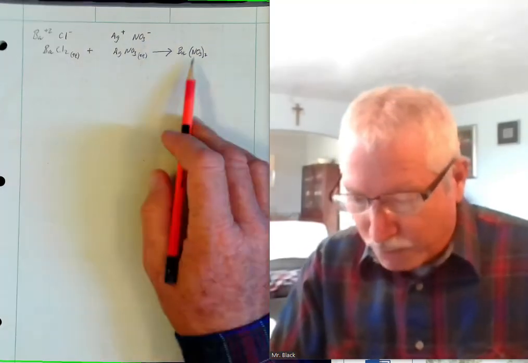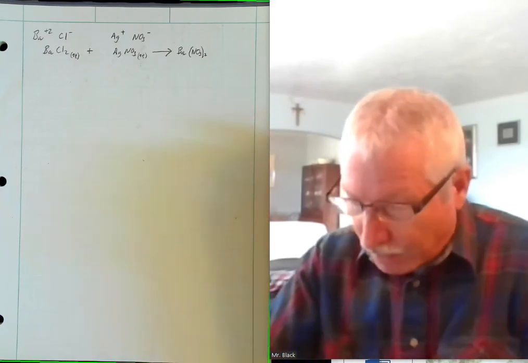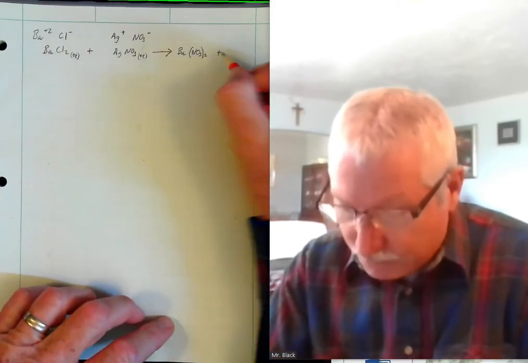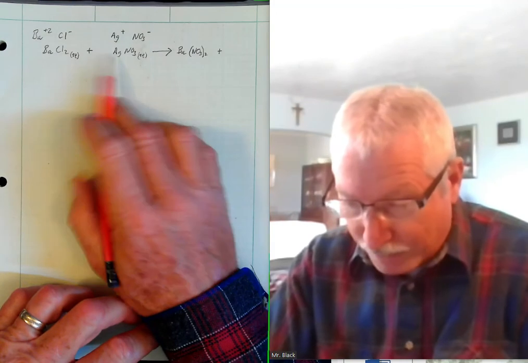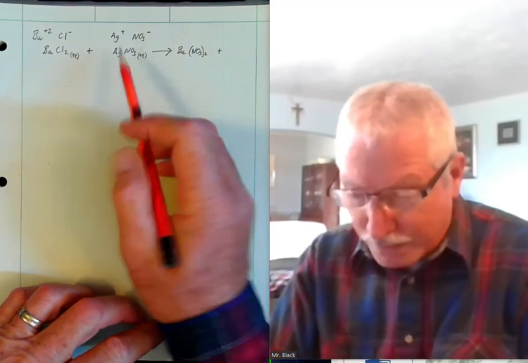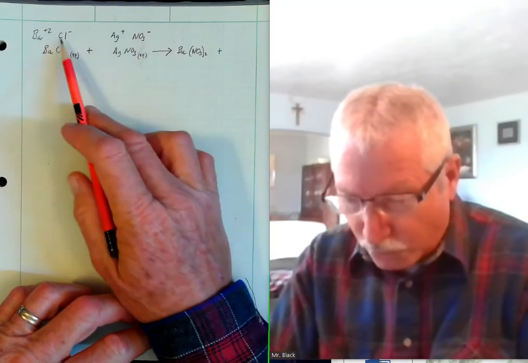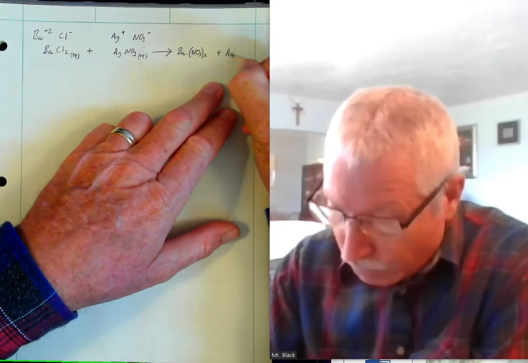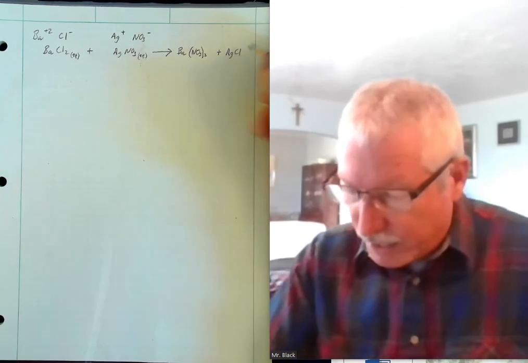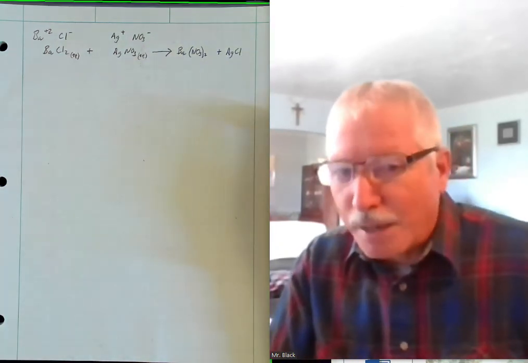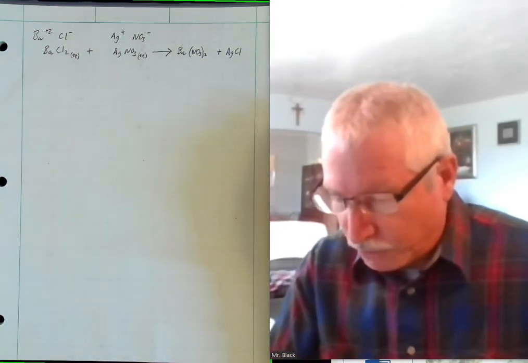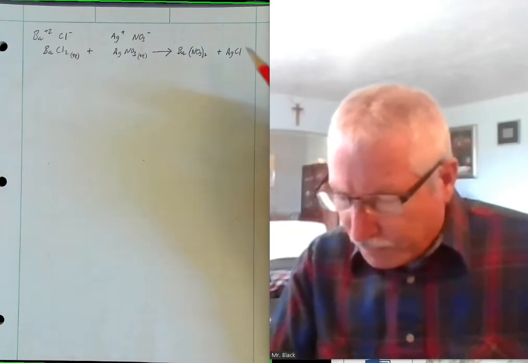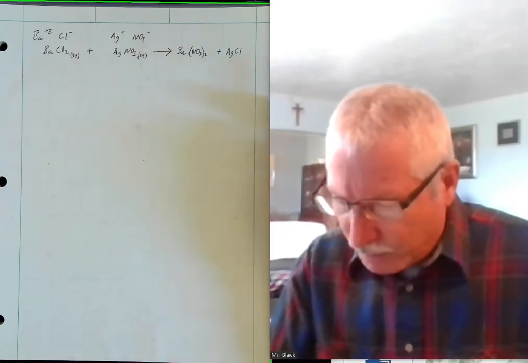And I can show that with these parentheses. Okay, what else does that leave us? It leaves us the silver and the chlorine. Well, in order to combine those, the silver has a +1, the chlorine has a -1, so they simply would go together 1-to-1, AgCl, and achieve that good stable net zero charge that we always try to. Okay, so what kind of states are these going to be in?